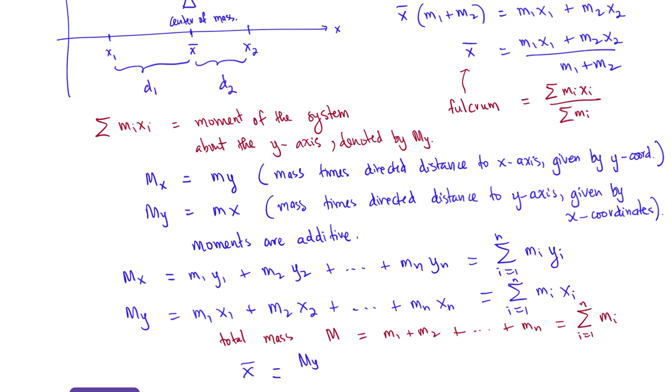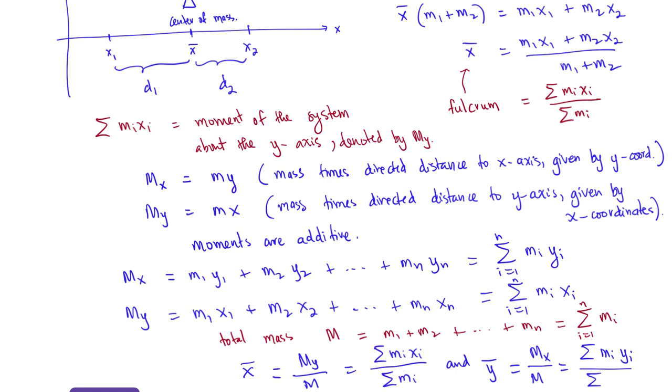So that is the moment about the y-axis divided by the total mass, where My is the sum of all of the moments about the y-axis. And y bar is the moment about the x-axis divided by the total mass. So the sum of all of the moments about the x-axis divided by the total mass.